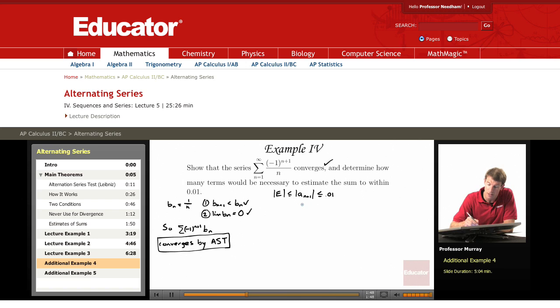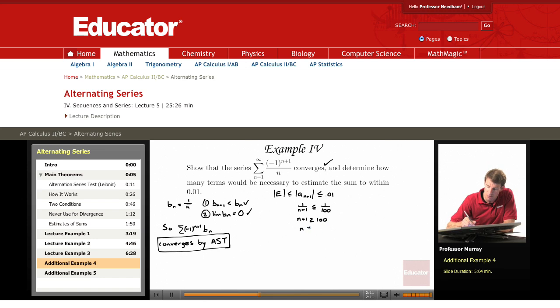Well, b_(n+1) in absolute value is 1 over n plus 1. That should be less than or equal to 0.01, which is the same as 1 over 100. So if we take the reciprocal of that, remember, that reverses the inequality. So this is n plus 1 is bigger than or equal to 100.